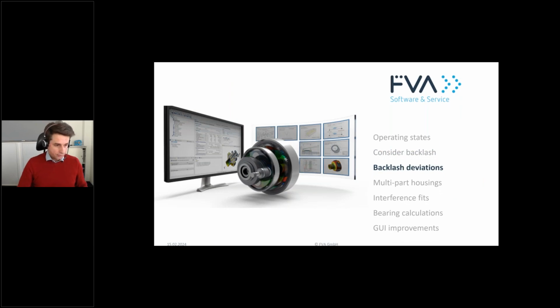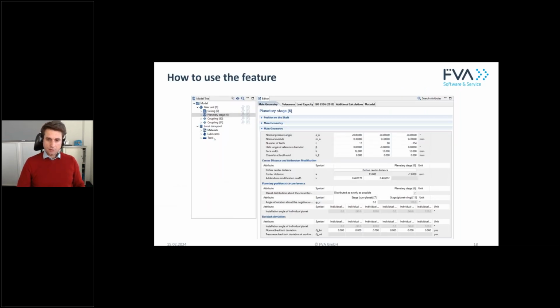For planetary gear sets, it is important to also take the backlash deviations into consideration. And this option is now available in the planetary gear stage on the main geometry. Here you could see the options for normal backlash deviation or transverse backlash deviation. You can choose one of those two.